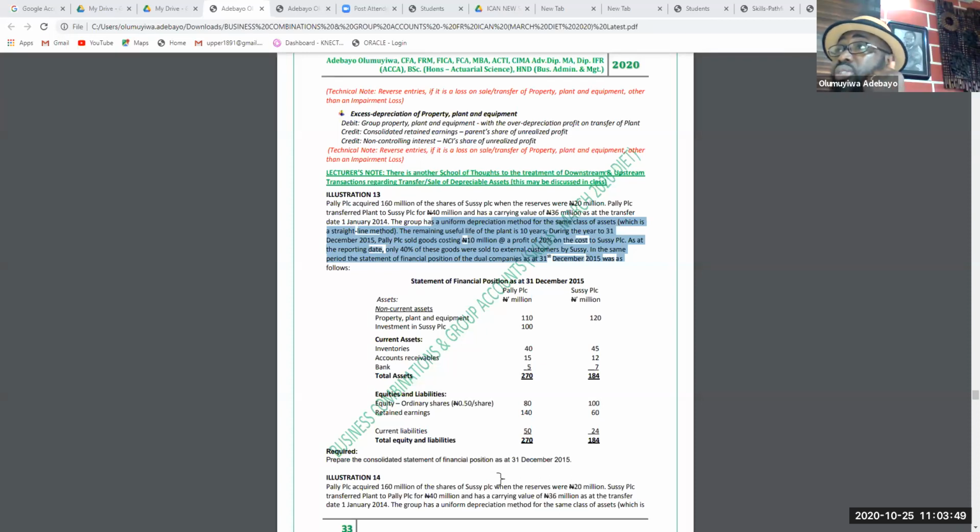Thank you. Who else wants to assist us? There are two transactions, sir. Okay, what is the first one? The first one at the beginning says that there was a transfer of plant to Suzy.